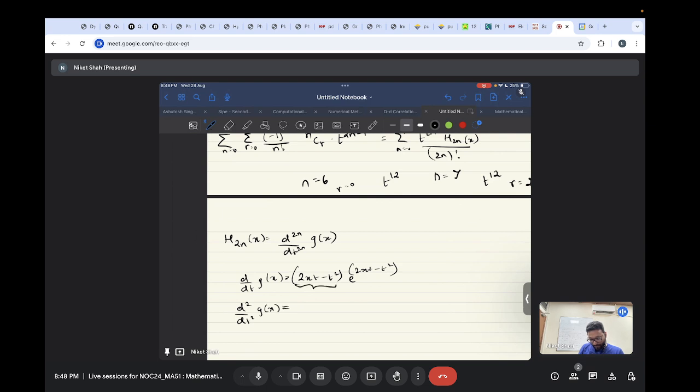One term will simply be the derivative of this, which will give me 2x minus 2t, e raised to power 2xt minus t square, plus 2x minus 2t the whole square, e raised to power 2xt minus t square, at t equal to 0.